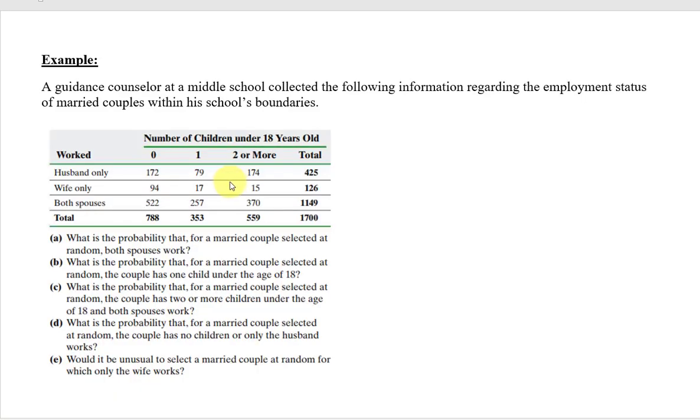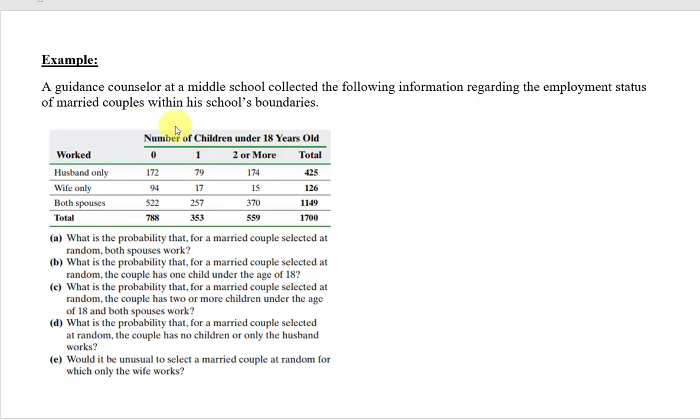Now let's take a look at more examples for this particular topic. A guidance counselor at a middle school collected the following information regarding the employment status of married couples within his school's boundary. The results are presented in the following contingency table. The first column represents the husband only, the wife only, or both spouses working.